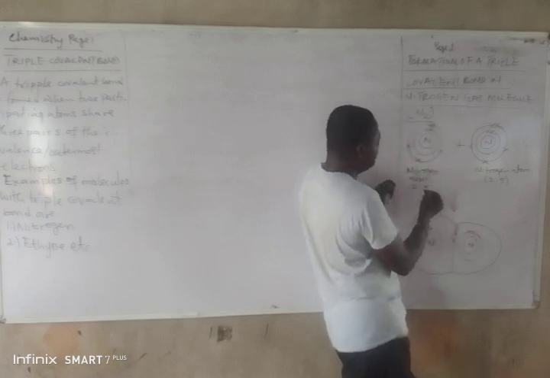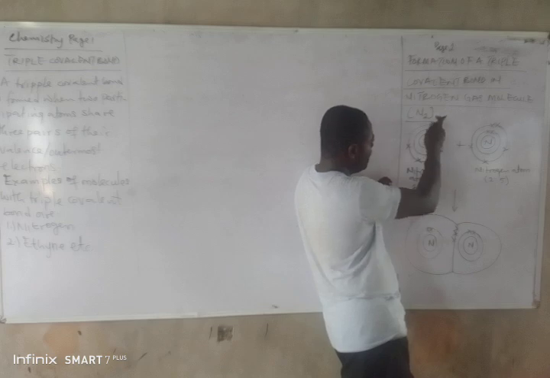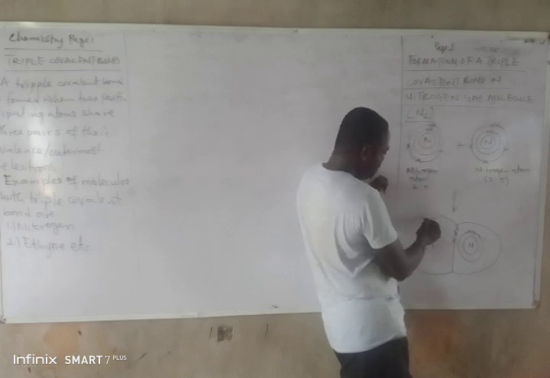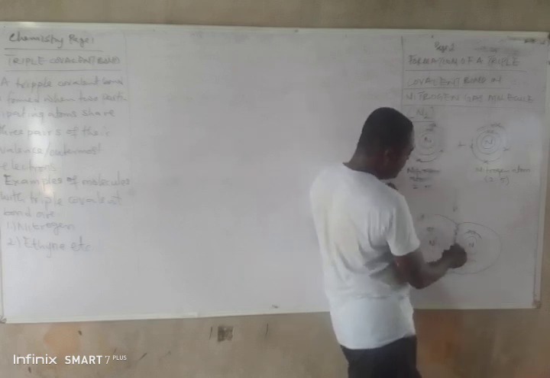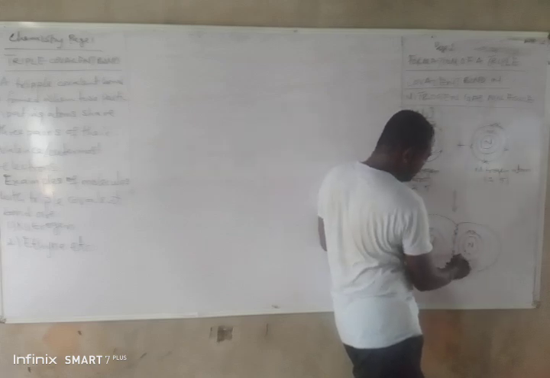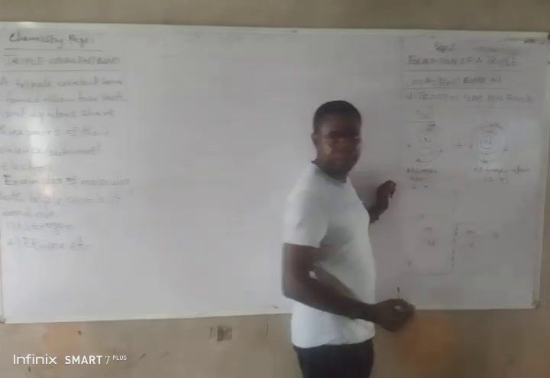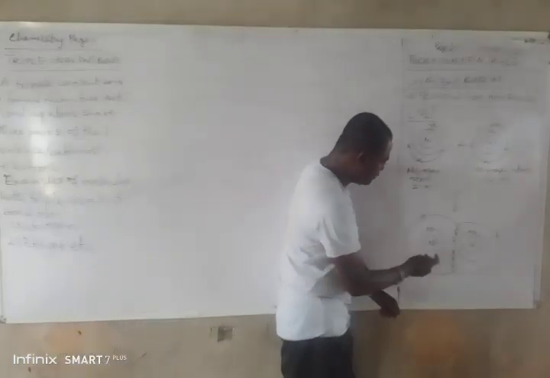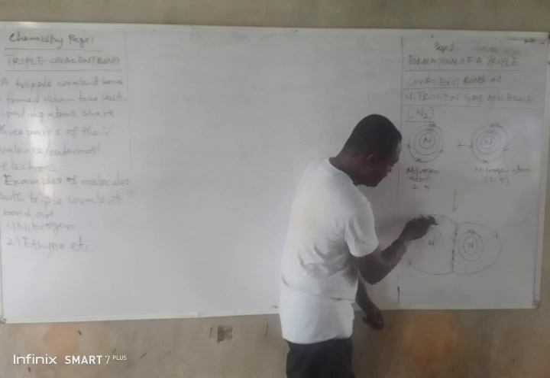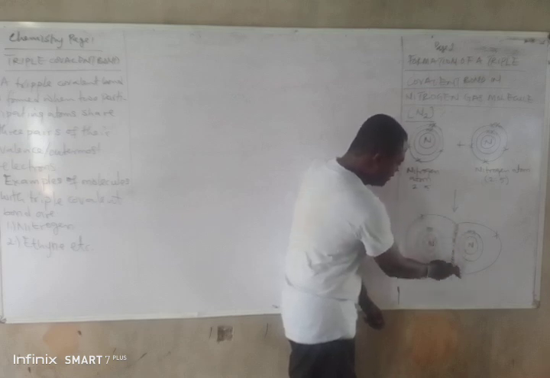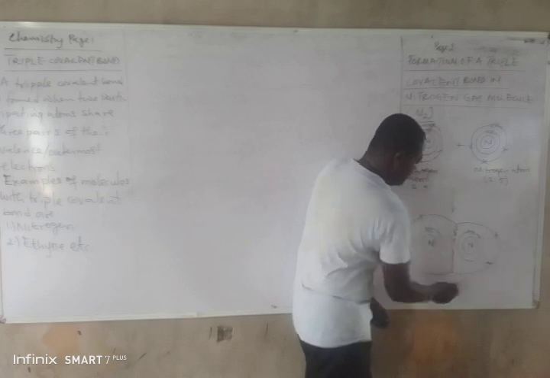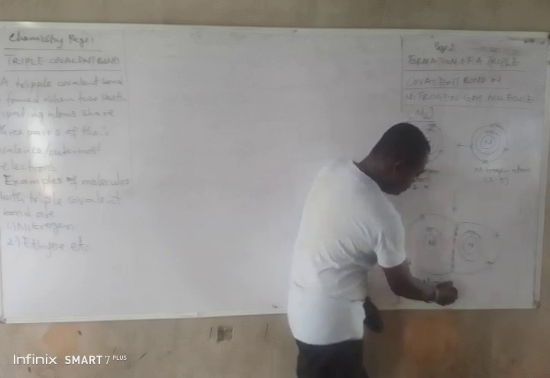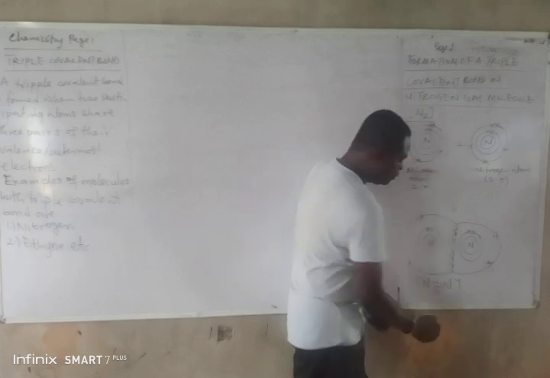It's left with 2. Then the same thing: out of 5 around here, it donates 3, and it puts 1 here. Are we together? When you now count around each of them, you have 1, 2, 3, 4, 5, 6, 7, 8. So we can write that as a triple bond between 2 nitrogen atoms. That is triple bond in a molecule of nitrogen gas.